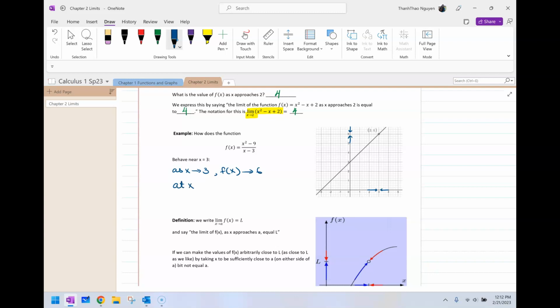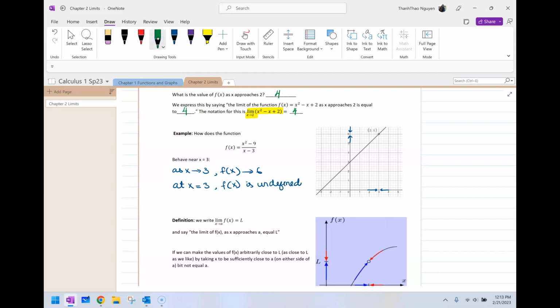However, at x equals 3, f of x is undefined. So again, like I said, the value of the function at the point has nothing to do with its limit.